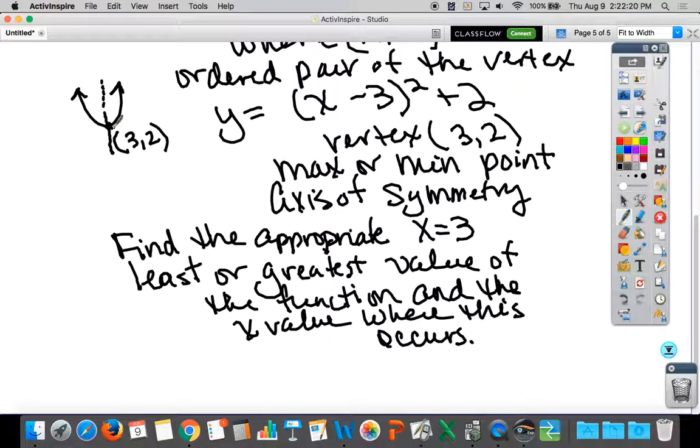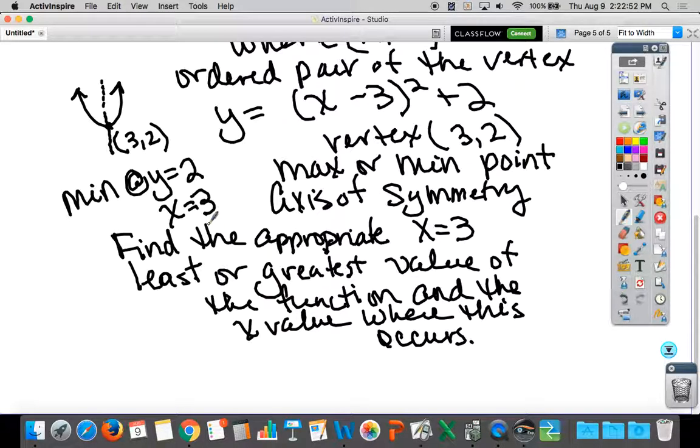So what is the least or greatest value of this graph? 2. Is it the least or is it the greatest? So we have a minimum at y equals 2. What is the x value where this occurs? X equals 3. Guys, it's not meant to be hard. It's just tricky the way they write it.